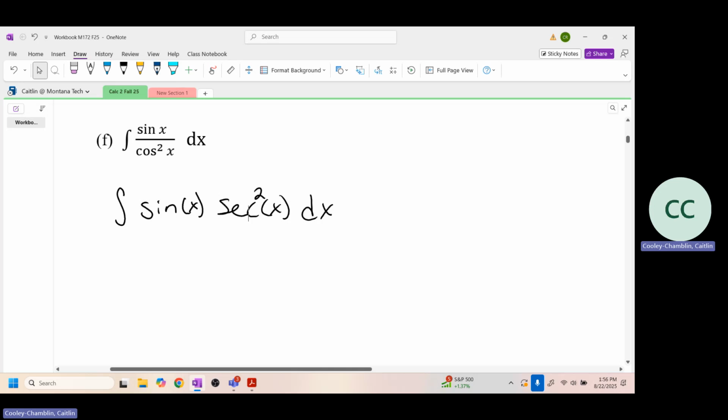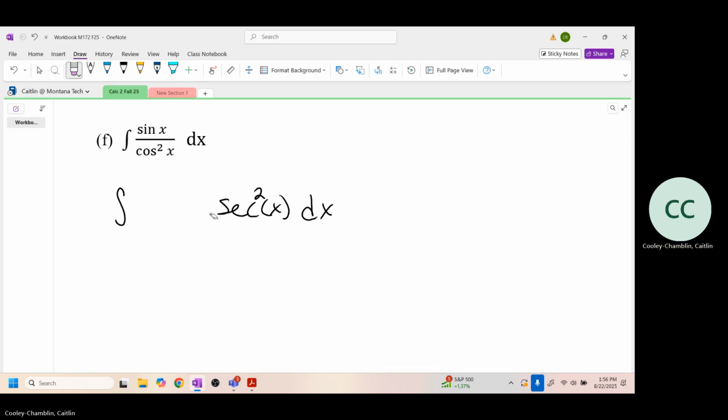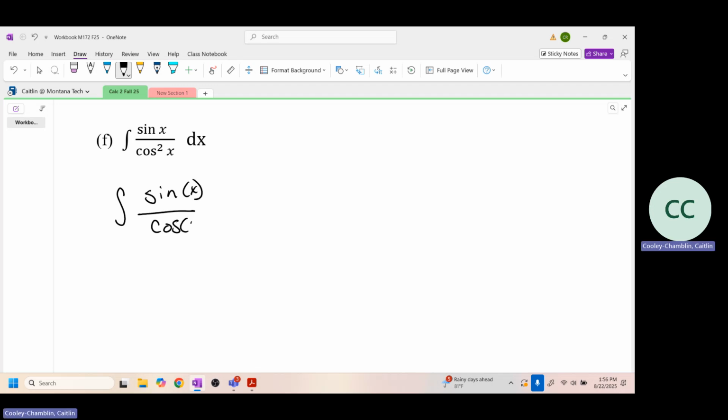So what I'm going to do is erase this. Feel free to just cross it out. You should have enough room. And so we have, I'm going to break this up into two. I'm going to do sine of x over cosine of x times 1 over cosine of x.